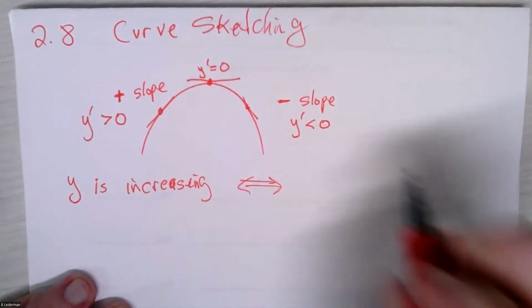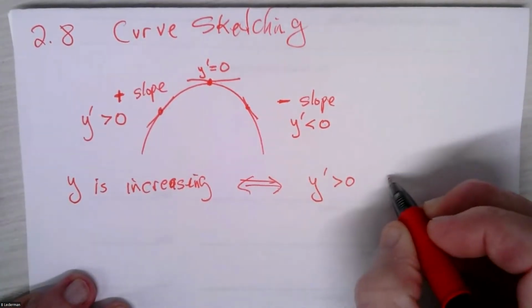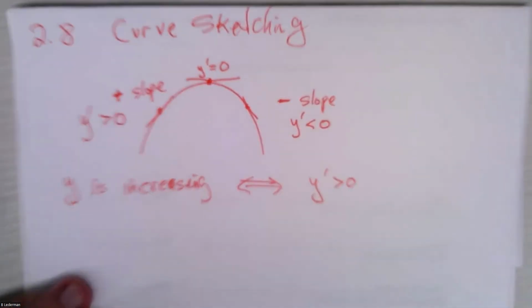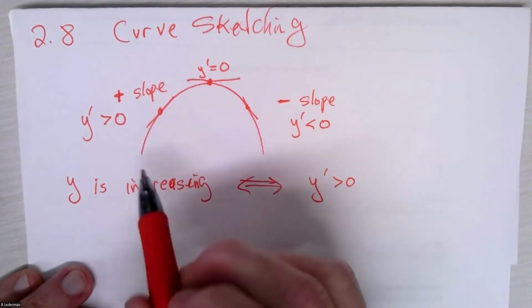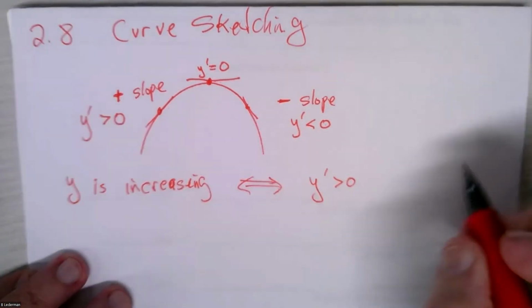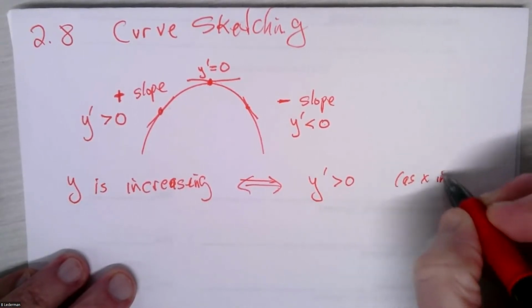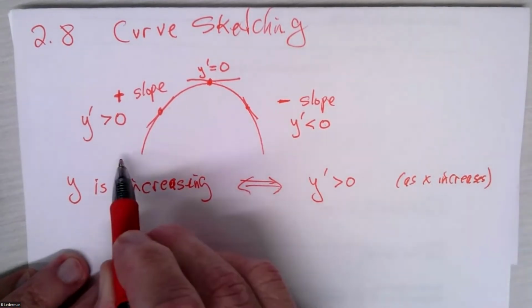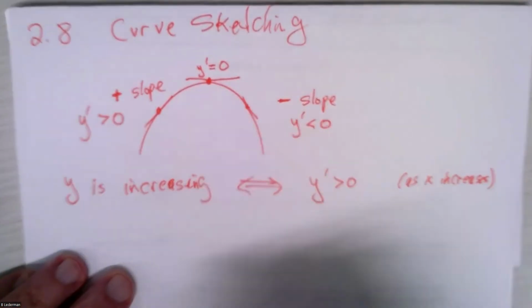That directly corresponds to y prime greater than 0, which comes from a positive slope. When I say increasing, I mean going from left to right, increasing as x increases. As x travels from left to right, y gets bigger, gets higher.